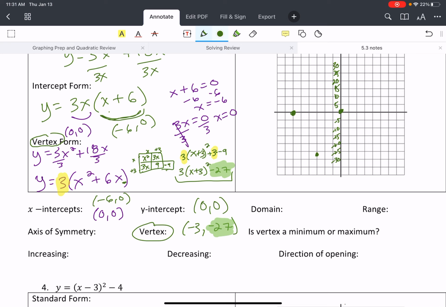But we have an equation, so there's a real easy way to get there. So let's go here, and I want you guys to type in your equation for this one. We'll change the window.